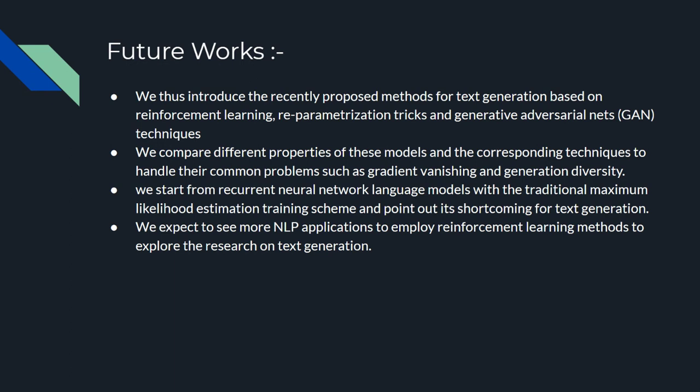We compare different properties of those models and the corresponding techniques to handle their common problems such as gradient vanishing and generation diversity. We start from recurrent neural network language models with the traditional maximum likelihood estimation training scheme and point out its shortcomings for text generation. We expect to see more NLP applications employ reinforcement learning methods to explore research on text generation.